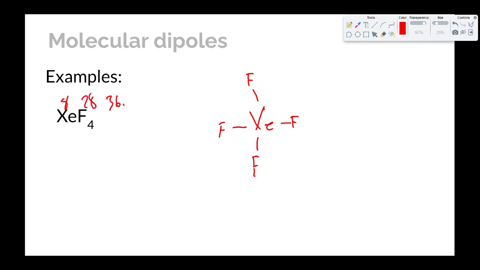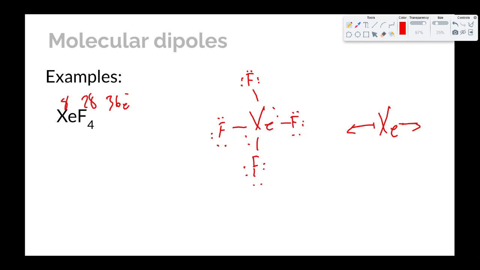So this should have 36 electrons in it. 2, 4, 6, 8, 10, 12, 14, 16, 18, 20, 22, 24, 26, 28, 30, 32 with the bonds, 34, 36 with 2 extra lone pairs on the central xenon. This is steric number 6 with 2 lone pairs. This is a square planar, so it's literally shaped just like what we have drawn.